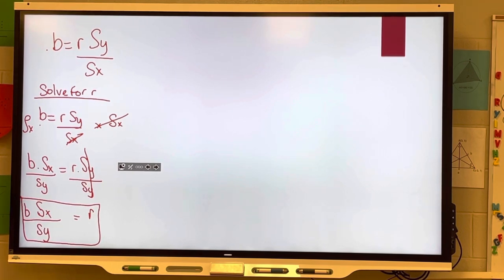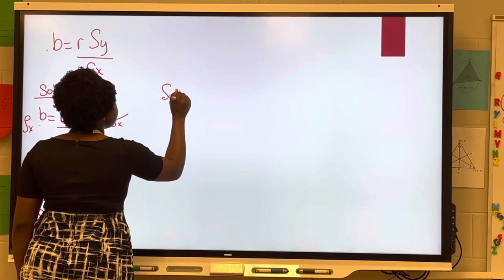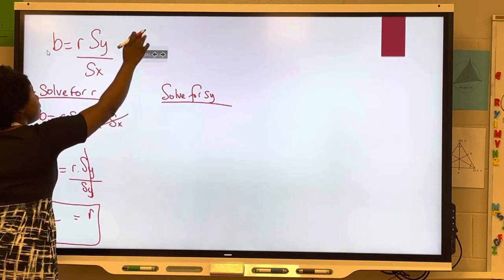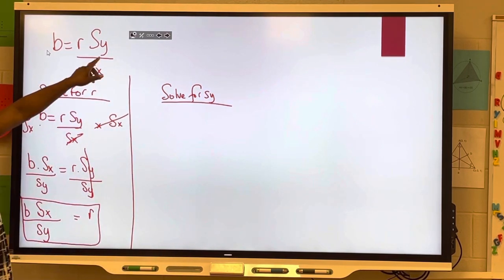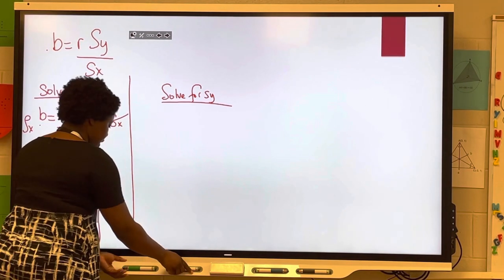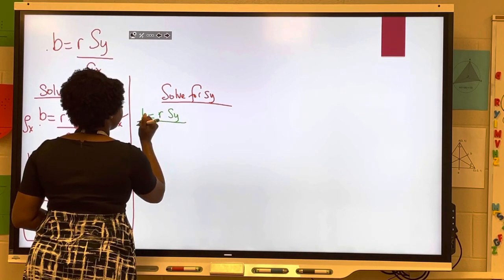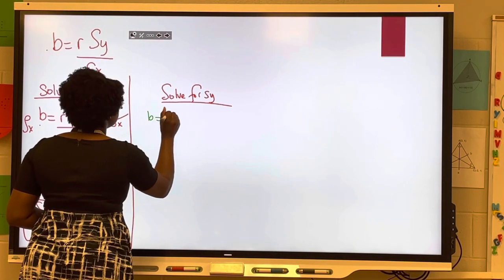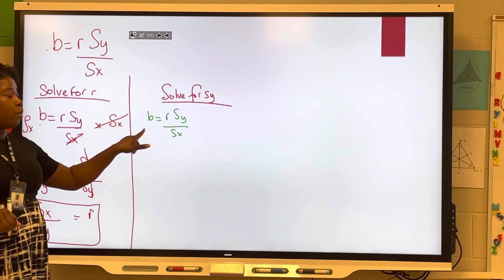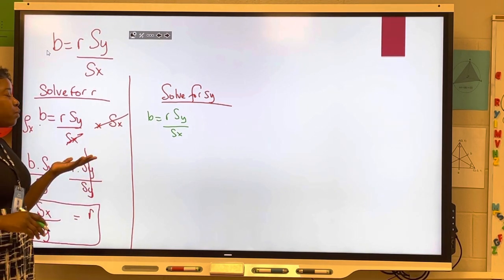Okay, let's say we're going to solve for sy. We need to make sy the subject as we did for r. So I'm going to rewrite this equation again. b is equal to r sy over sx. Now to find sy, we must undo all the operations so we have sy by itself.